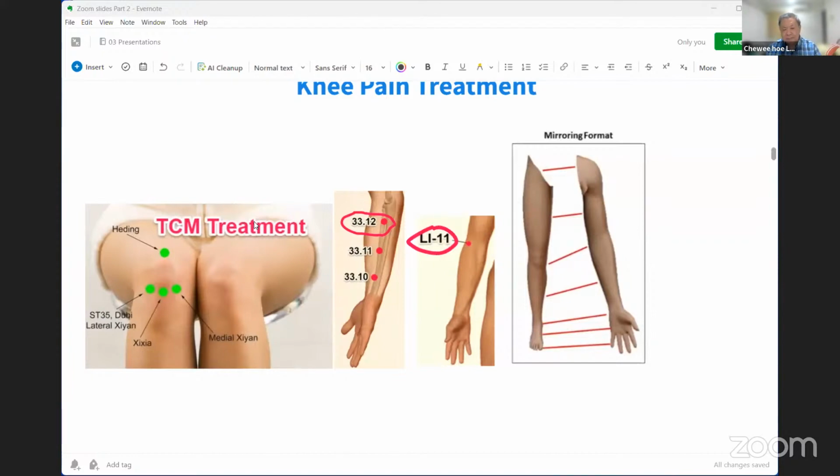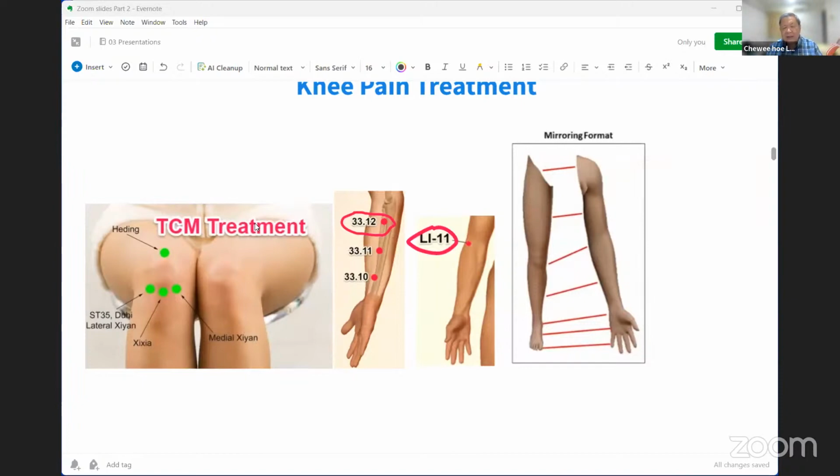Where does Tung needle for knee pain? There are many areas. Sometimes popular is at the finger, but LI11 at the elbow is a treatment for knee pain in the Tung system.